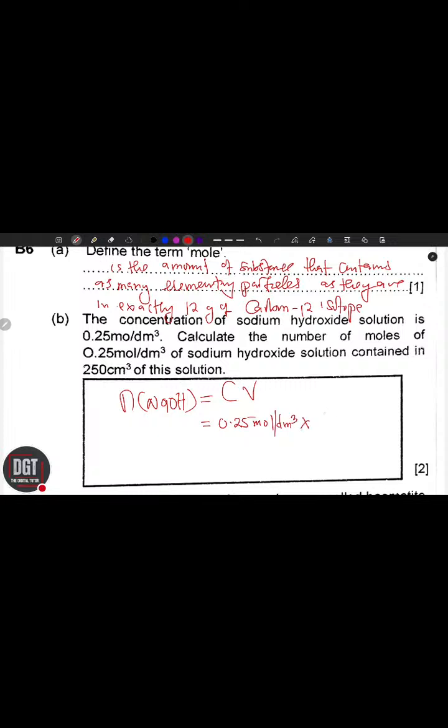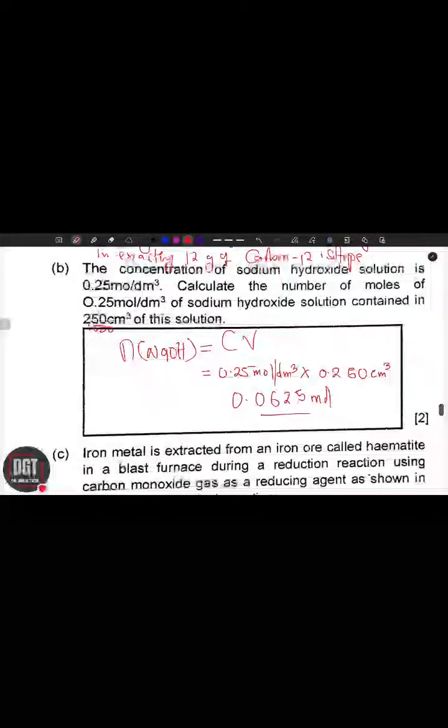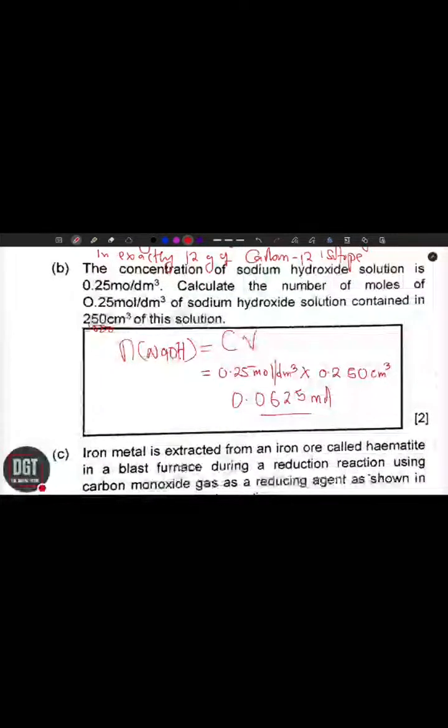Then of course the volume is 250 divided by 1000, which gives us 0.25 decimeter cubed. So what is the answer if you multiply 0.25 by 0.25? I'm able to find 0.0625. Just confirm what you found. This is the number of moles. So the box here, that is where you calculate.